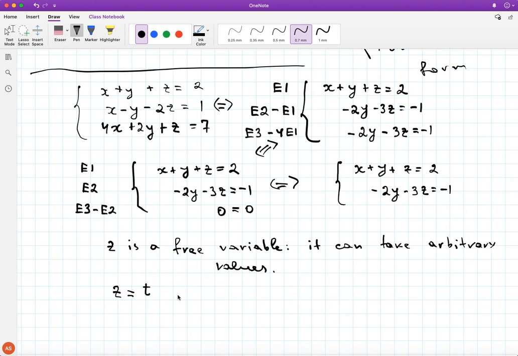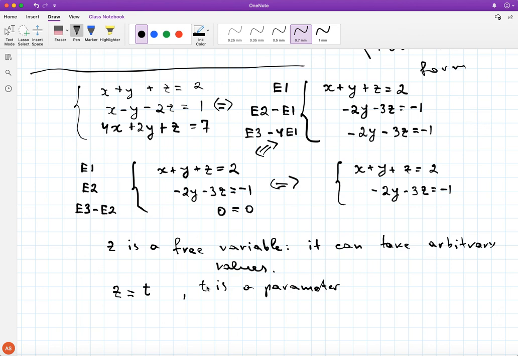The letter t here is not a variable. In fact, it is often referred to as a parameter. A parameter is a letter in our problem, in our solutions, in our considerations, that can take arbitrary value.